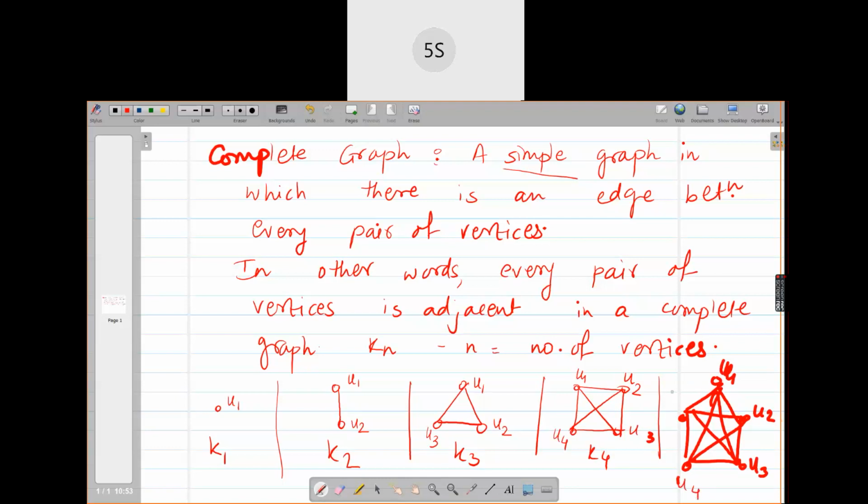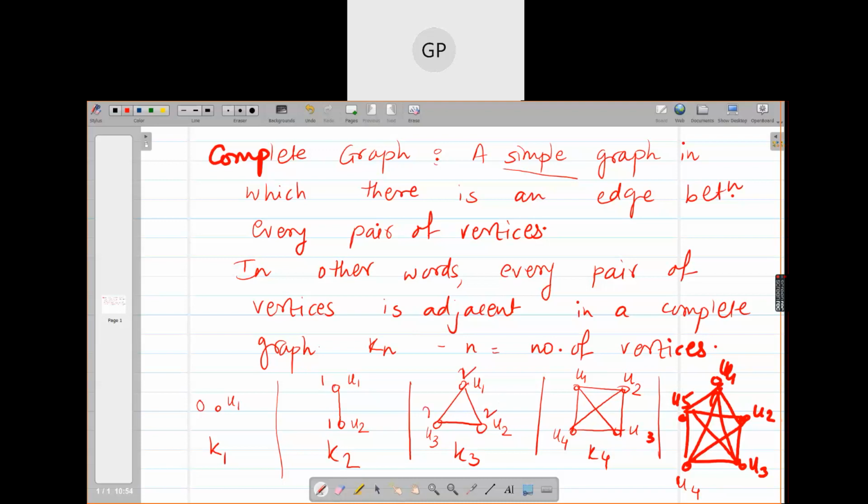Now let us go to K3. What is degree of U1? 2. Degree of U2? 2. Degree of U3? 2. So I'm just writing the degrees. Here it is 2.